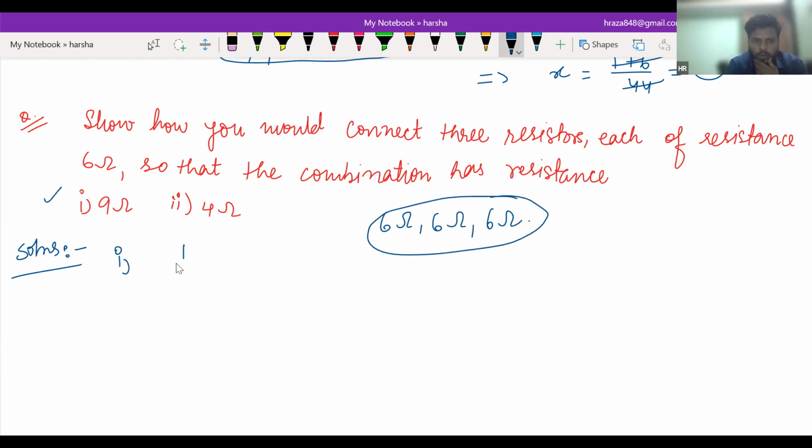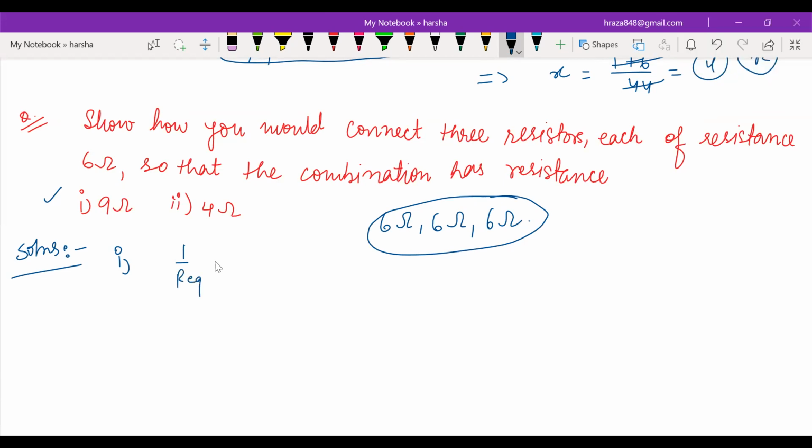If you put all three resistors in parallel, you have to know one thing which is very important: if you calculate resistors in parallel, the equivalent resistance will be lower than the smallest individual one. Is that clear, Harsha? Yes, sir.